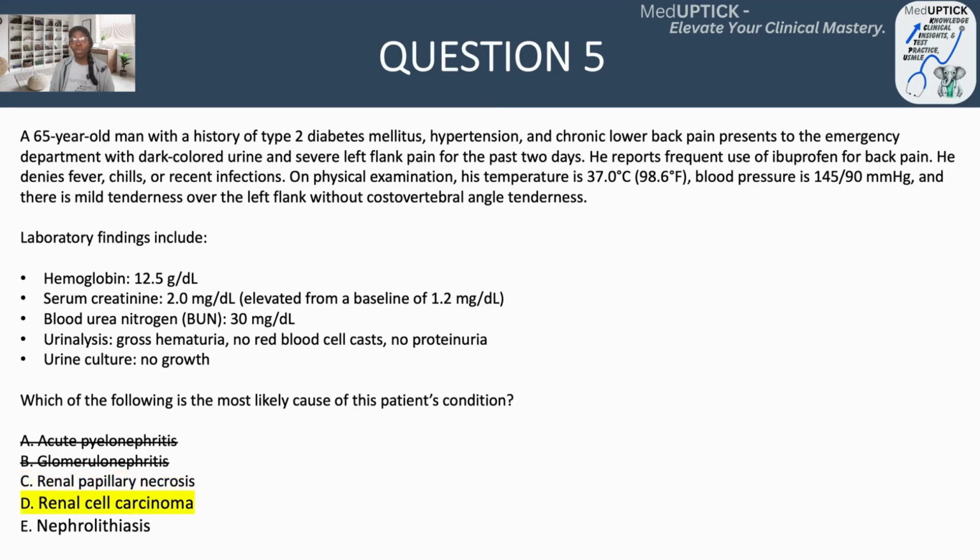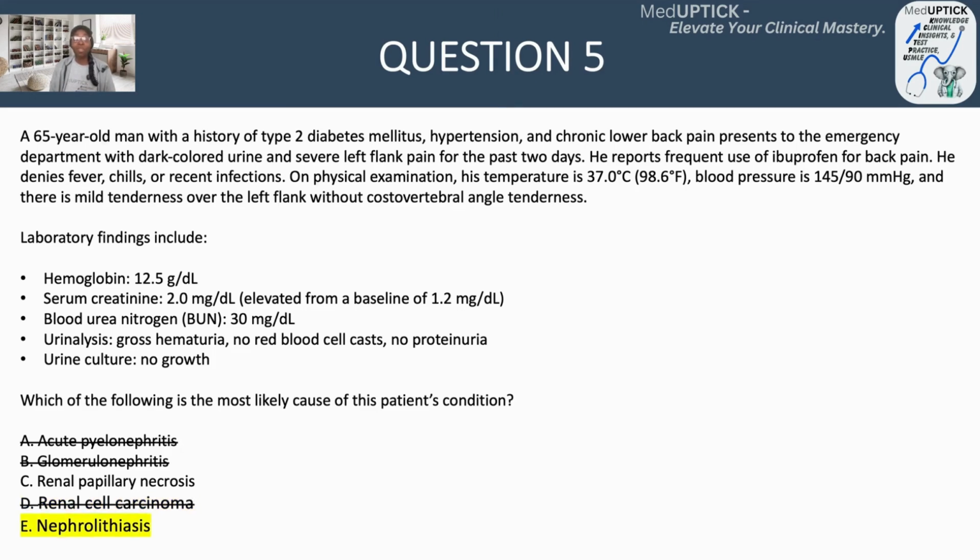D. Renal cell carcinoma. Renal cell carcinoma causes flank pain and hematuria, but patients typically present with systemic symptoms such as fever, unintentional weight loss, palpable flank mass, and risk factors like chronic smoking and or alcohol use disorder or genetic mutations like von Hippel-Lindau syndrome. Without these additional findings, renal cell carcinoma is unlikely to be the diagnosis for this patient, eliminating this answer choice.